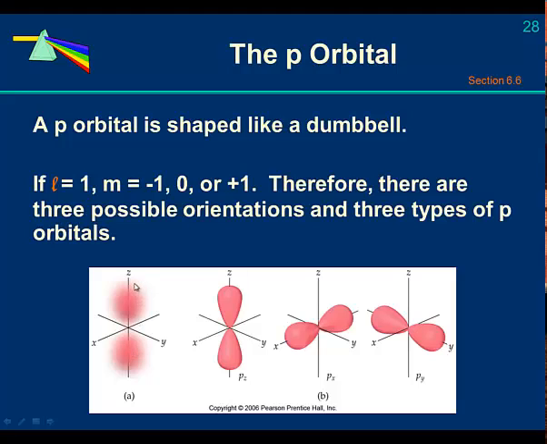And so what we have is a probability map. We simply use this representation because it's easier to draw. What we normally call this is the electron cloud. 3 different types of L equals 1, which are p orbitals.